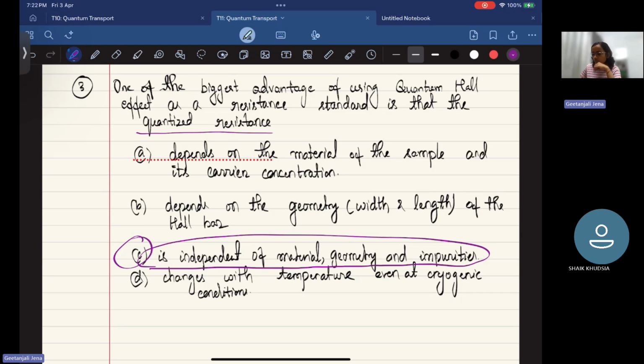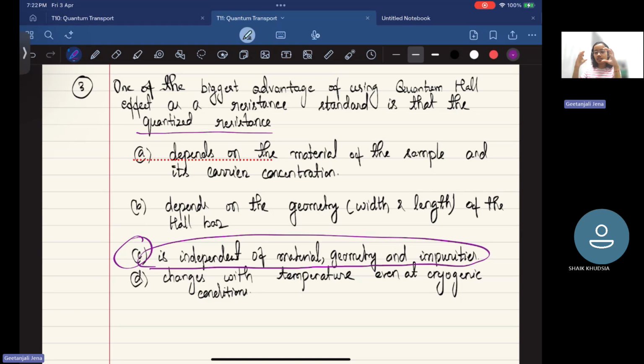If it did depend on geometry, then the resistance would change with the geometry, so we can't use it as a resistance standard. To use it as a standard, even if we change some external parameter, the standard that we are comparing against should not change. We have an unknown material whose resistance we want to measure, and we have a standard, so we measure the resistance of this material using the standard.